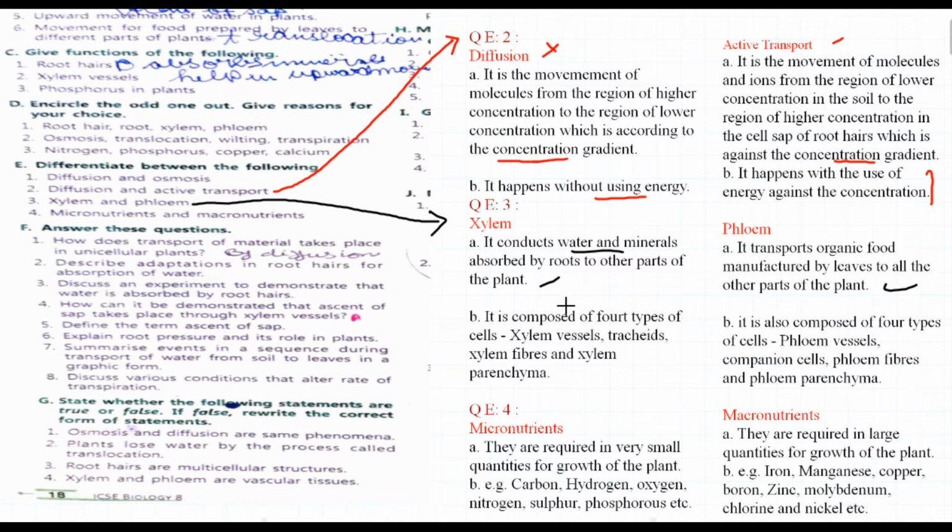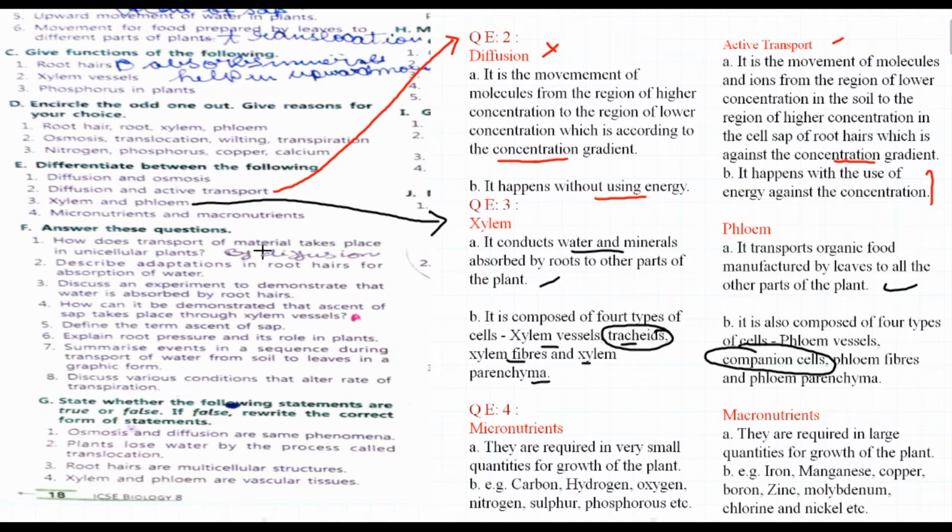Xylem is composed of 4 types: xylem vessels, tracheids, xylem fibers and xylem parenchyma, whereas phloem is composed of phloem vessels, companion cells, phloem fibers and phloem parenchyma. So here the main difference is that xylem has tracheids, whereas phloem has companion cells, right? This is the main difference of their constituents or parts.